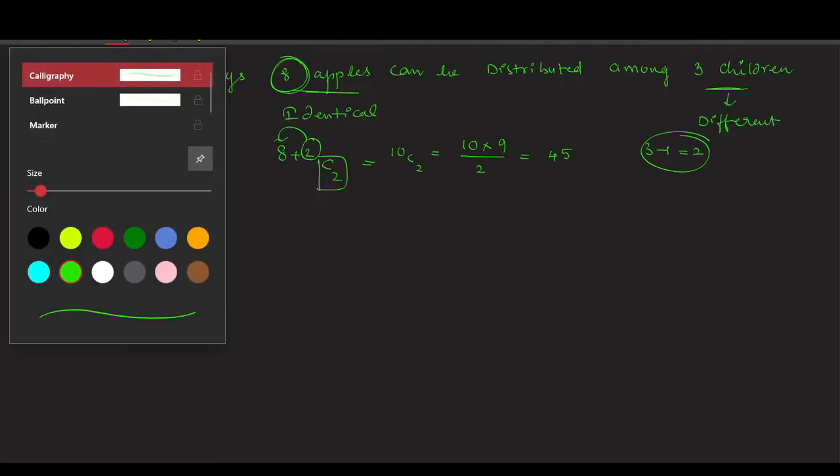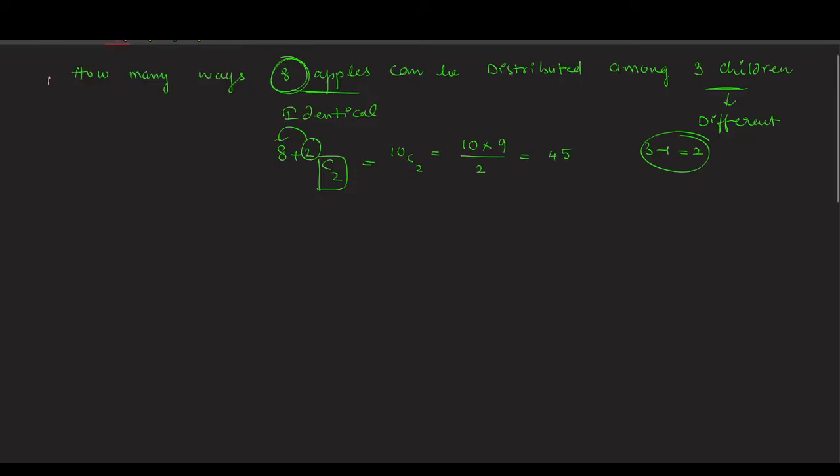You see, question number 2. For example, find the number of non-negative integral solutions of the linear equation x plus y plus z plus t is equal to, let's say, 11.